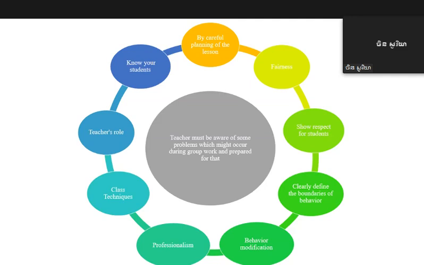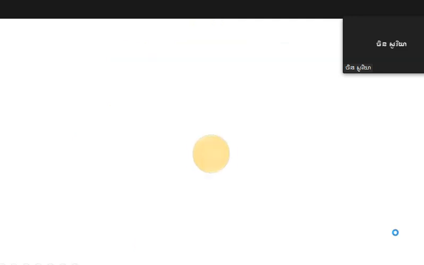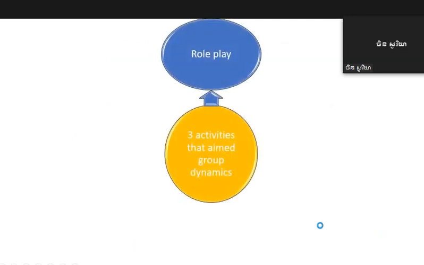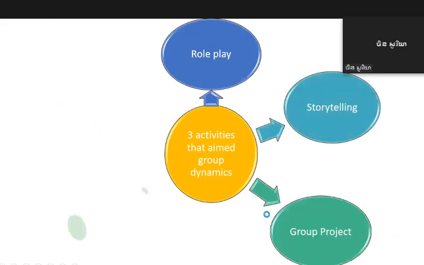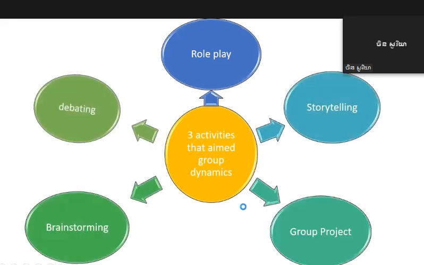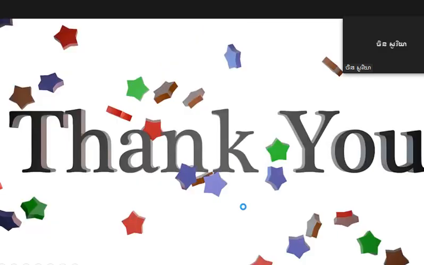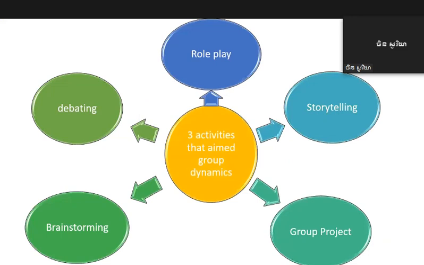Let's come to another one. These are some examples of activities that build group dynamics: storytelling, debating, role play, where you act as a character in a story, or brainstorming.